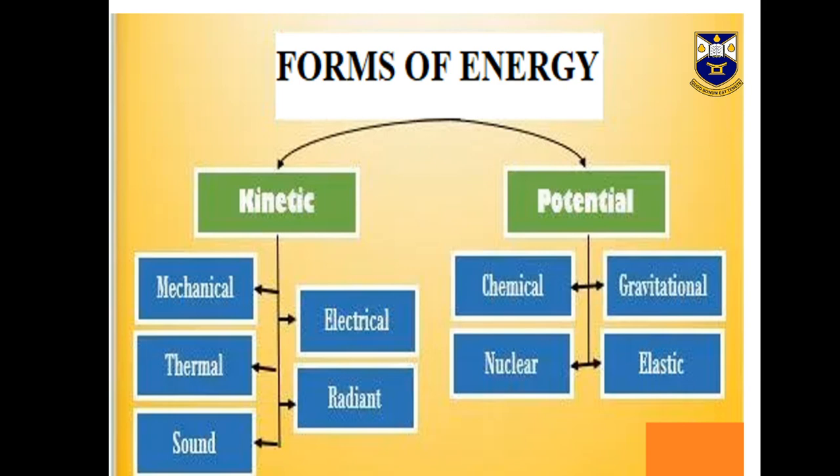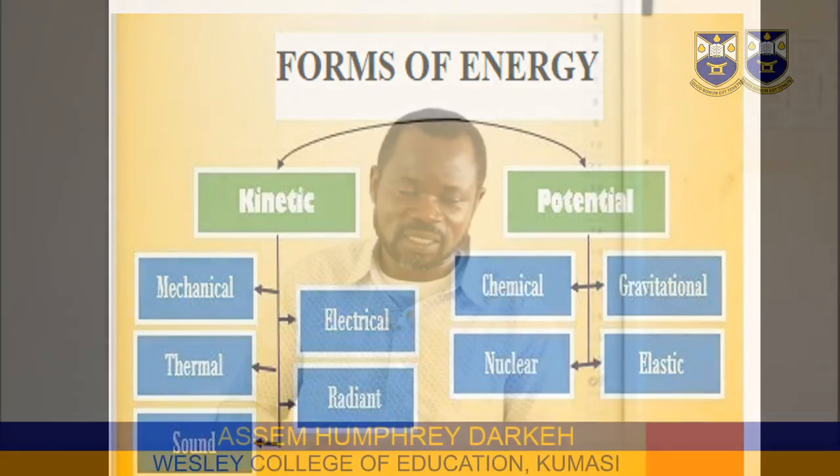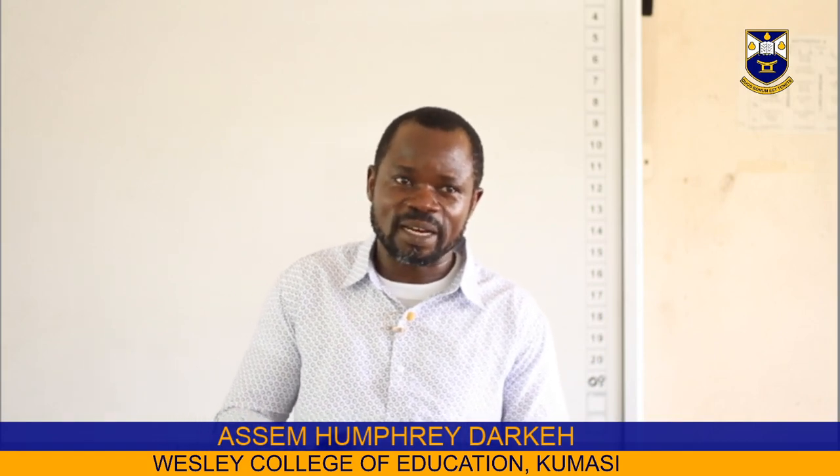So mechanical is under kinetic, okay? The aspect of it is the kinetic itself, and that you have to understand, because the mechanical is made up of potential and kinetic. But if you take an aspect of it which is related to the movement of the body, we can still call it mechanical.